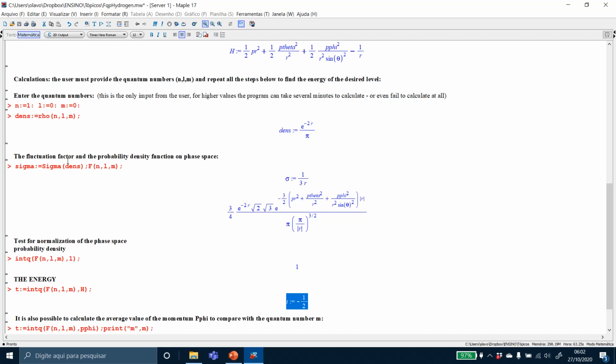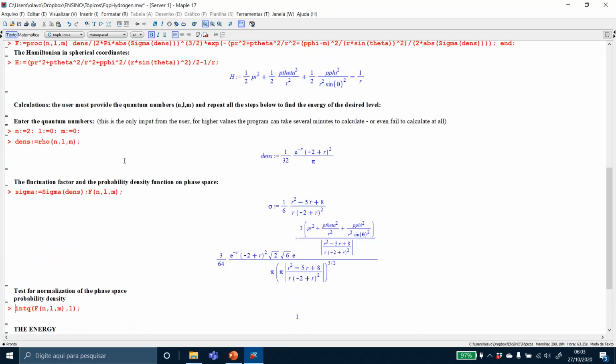We can repeat the same procedure for the second excited state. Note that now the expression for the fluctuations is a little bit more involved.